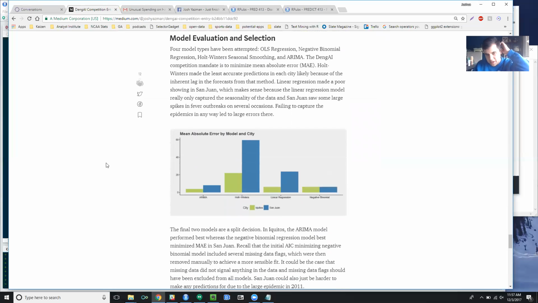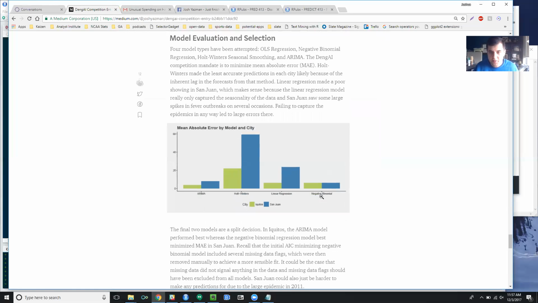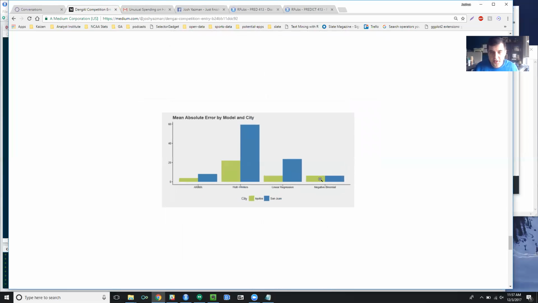So the last step here is evaluating our models. The DengAI competition has a mandate to minimize mean absolute error. I took that into account here, and also thought about the operability of the model, the ease of deploying a model.